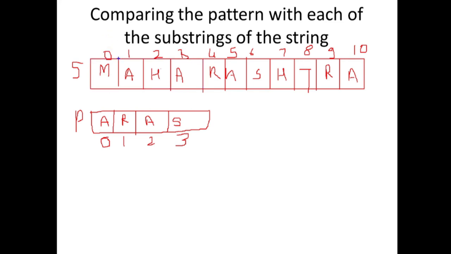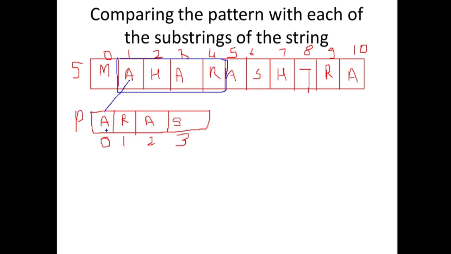What is the next substring of Maharashtra? The substring which starts from index 1 to 4. So this is our second substring. Again we check the first character of the substring and the pattern.